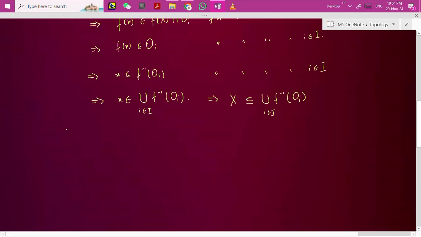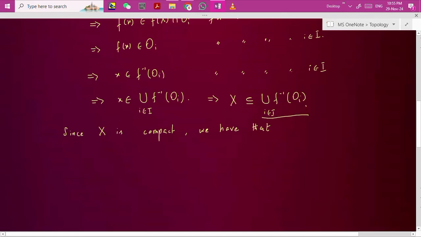and since X is compact, we deduce like this that this open cover has a finite subcover.